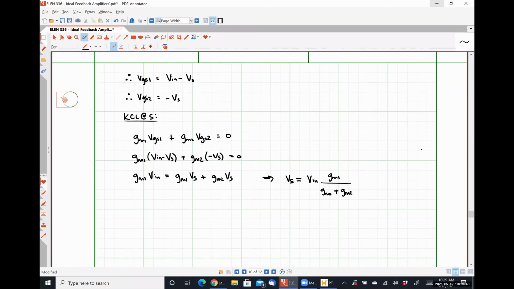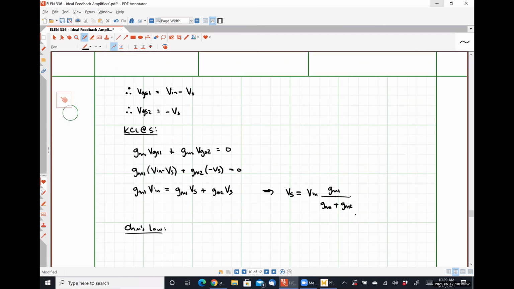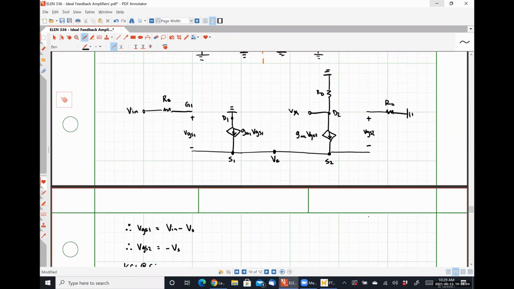Nothing seems too wonky. All right. Using Ohm's law, if we look here, our output voltage of this stage, Vx, is simply the current flowing through RD multiplied by the resistance, RD, right? That will be Vx with respect to ground.